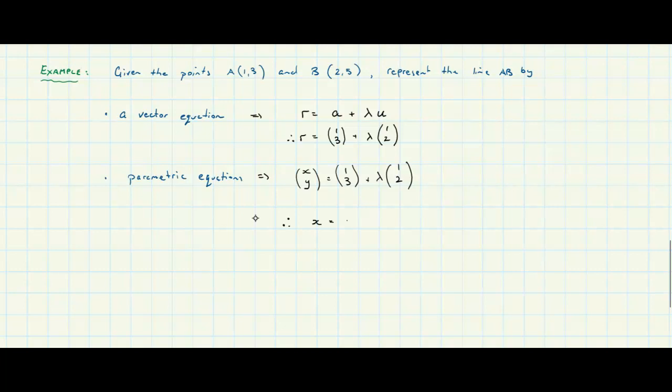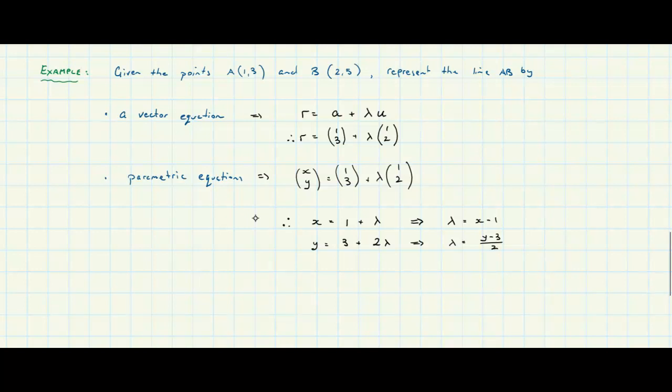So x equals 1 plus lambda, y is equal to 3 plus 2 lambda. From the first equation, we can say that lambda is equal to x minus 1, and from equation 2, lambda is equal to y minus 3 over 2.